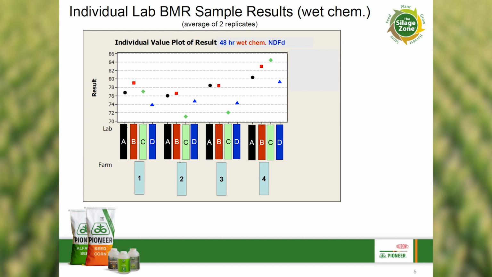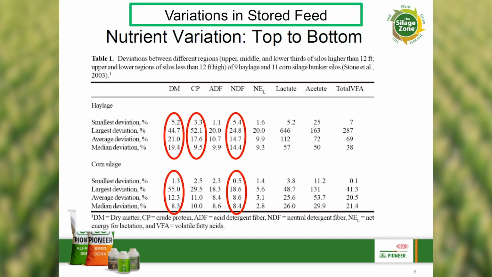A summary that was done back in 2003 on several dairies where they sampled the haylage piles and the corn silage piles again shows the tremendous amount of range that we can have. Look at the dry matter variation. Smallest deviation was 5.2 up to almost 45% on the haylage.